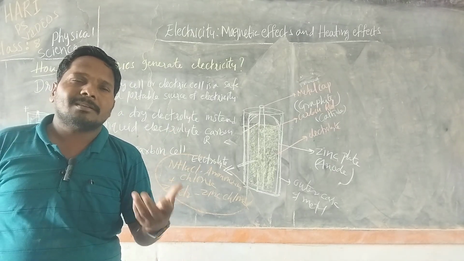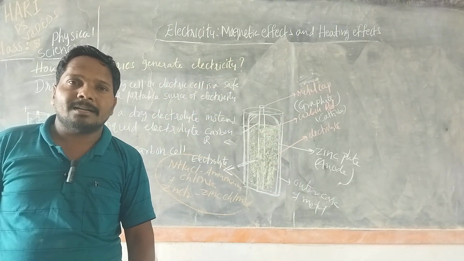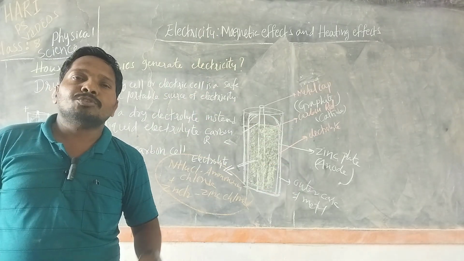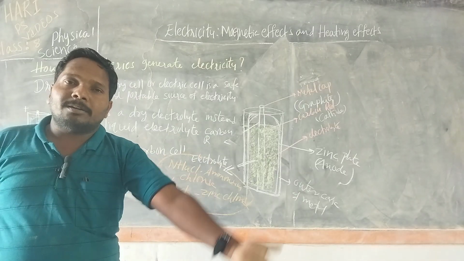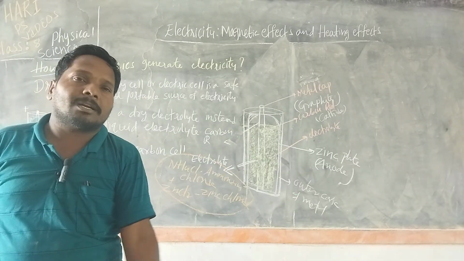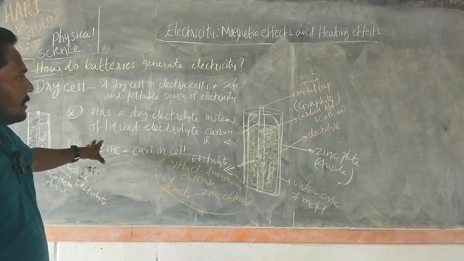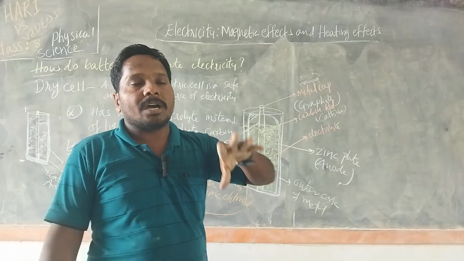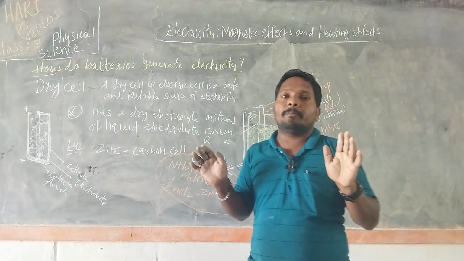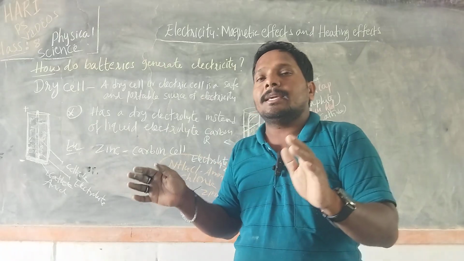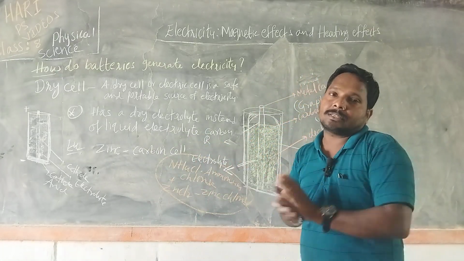In some cases, when we place it outside under the sun, due to heat, some heat is converted into chemical energy, and chemical energy into electrical energy, but only to a small extent. So a dry cell is not a rechargeable cell. Once the chemical energy of the electrolyte is finished, it won't work.